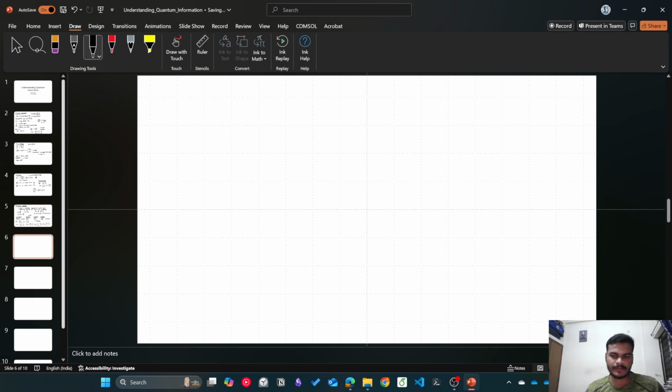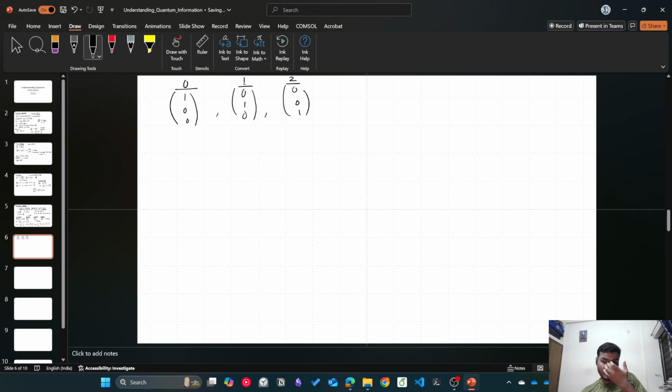So let me tell you a trick. Let's say you have a lot of orthogonal basis vectors. Let's say three orthonormal basis vectors: 1, 0, 0, then 0, 1, 0, and 0, 0, 1. Let me represent the first as 0, the second as 1, and the third as 2, right?